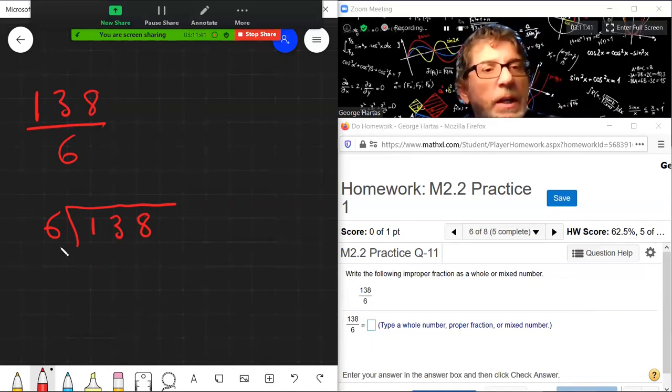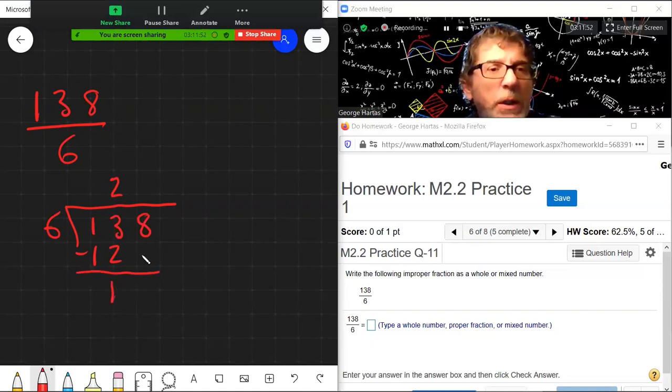Okay. 6 divides into 13 2 times. 2 times 6 is 12. Subtract. 13 minus 12 is 1. Bring down the next digit. 6 divides into 18 3 times. 3 times 6 is 18. Subtract.